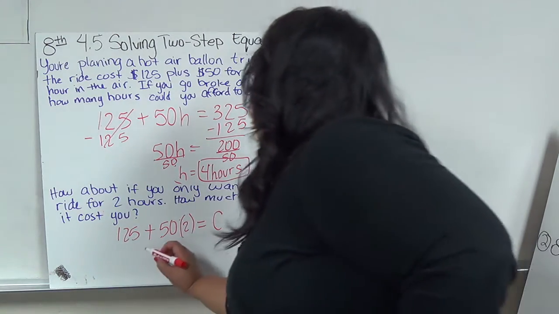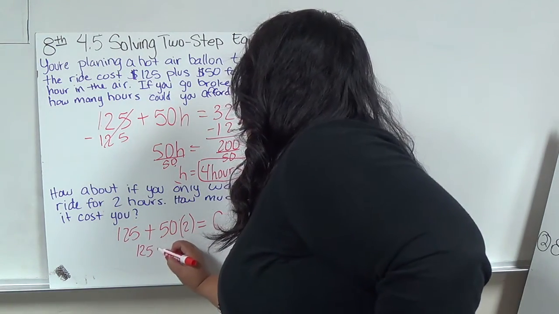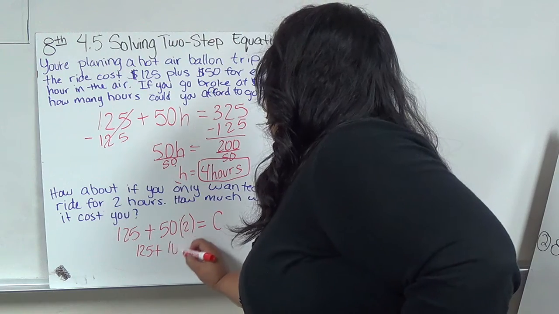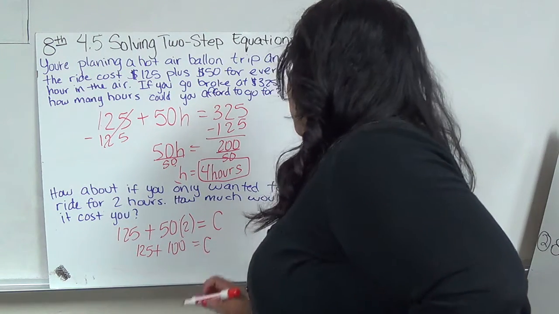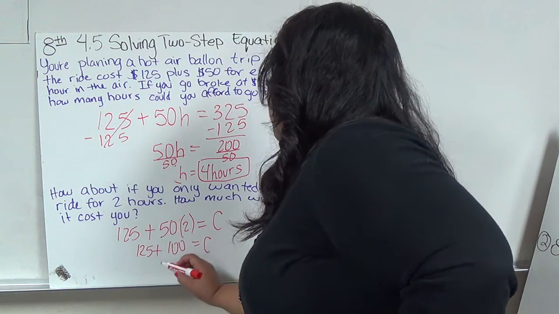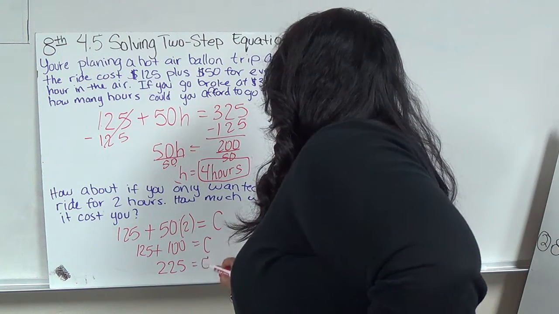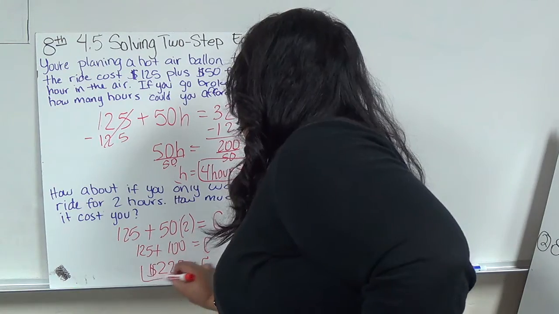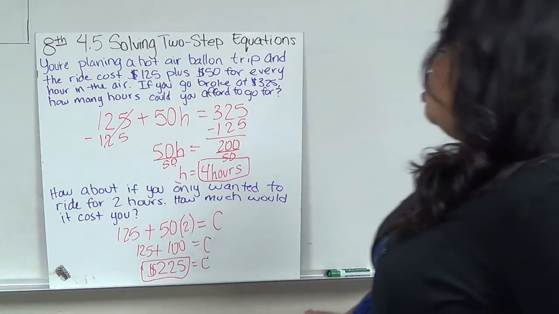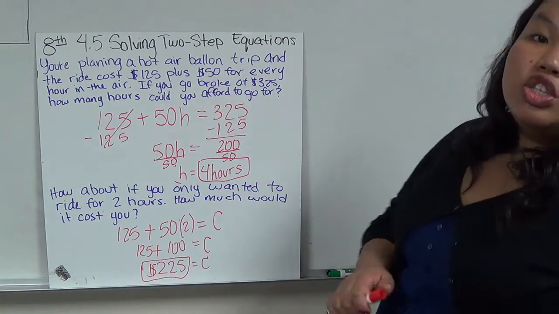Okay? So I do 125 plus 50 times 2, which is 100, equals the cost. And 125 plus 100 is 225 equals C. So that means for 2 hours, it's going to cost me $225.